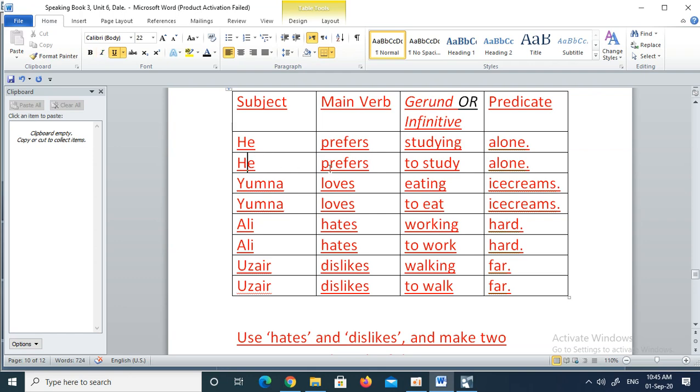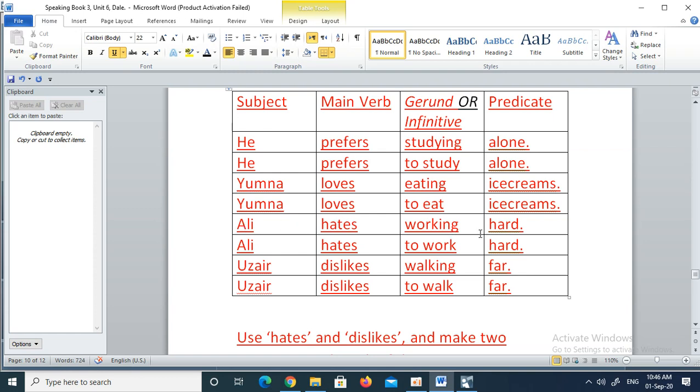Or I can say, he prefers to study alone, and I used the infinitive. Yumna loves eating ice creams, and I used the gerund, eating. But I can also say, because loves can take a gerund or an infinitive, Yumna loves to eat ice creams.